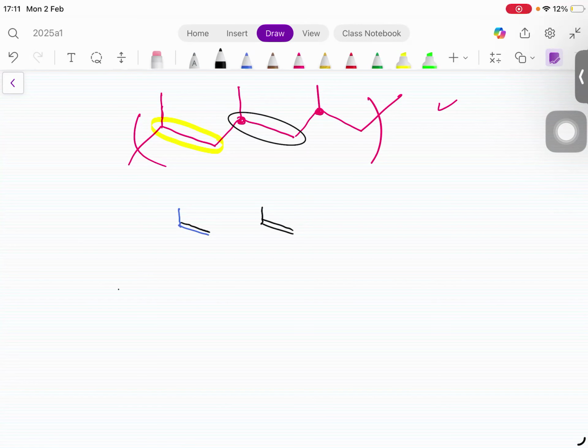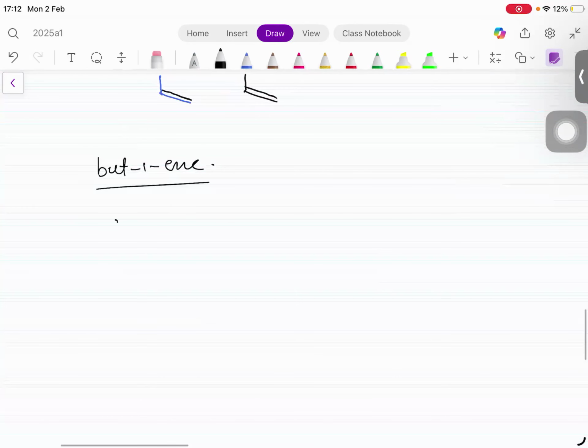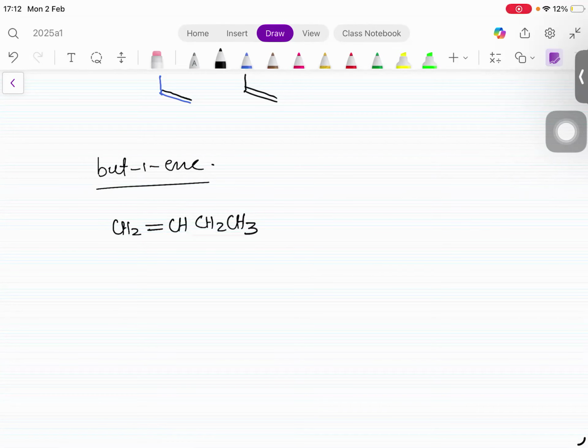Okay, here is butene. So please draw it. How many repeat units?